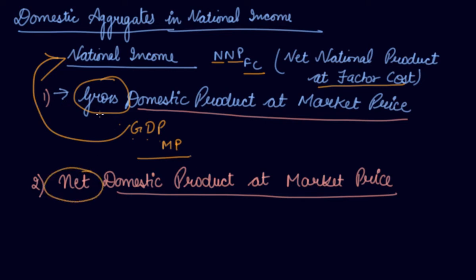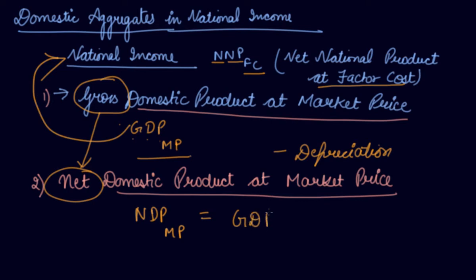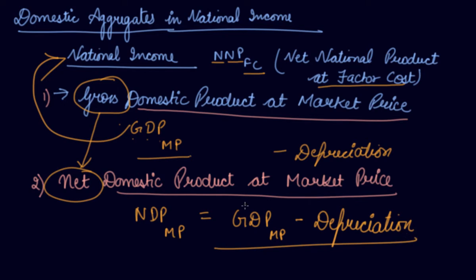In order to convert gross to net, we subtract depreciation, right? So you will be able to make NDP at MP only when you subtract depreciation from GDP at MP. Right? See, your GDP at MP, your NDP at MP, only the difference of gross and net.